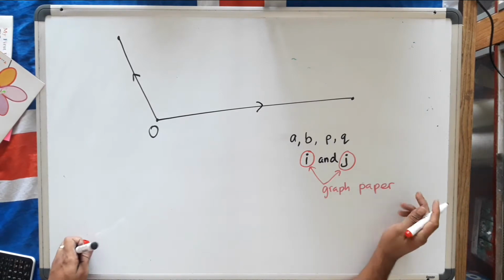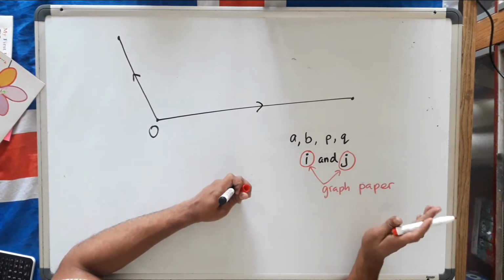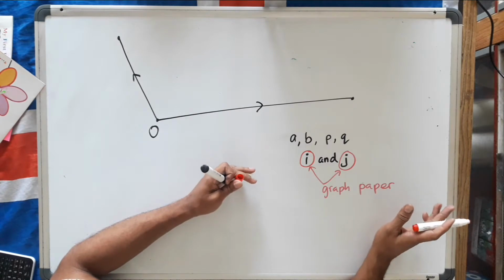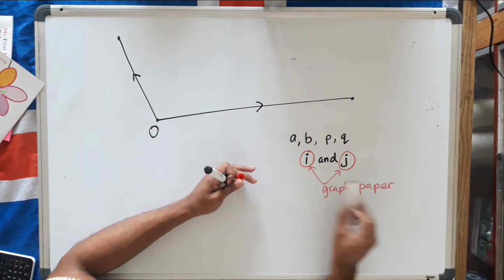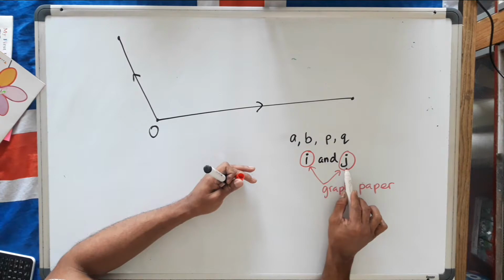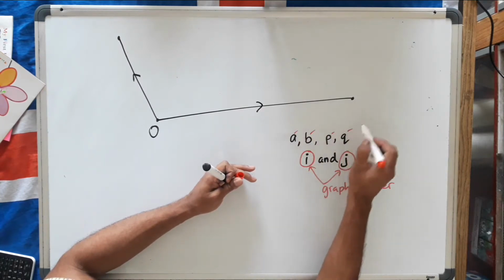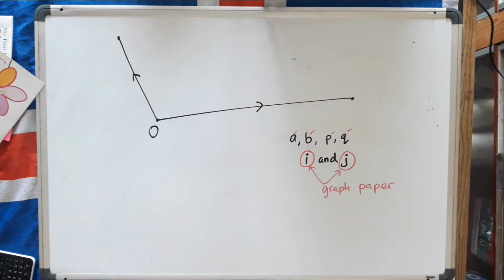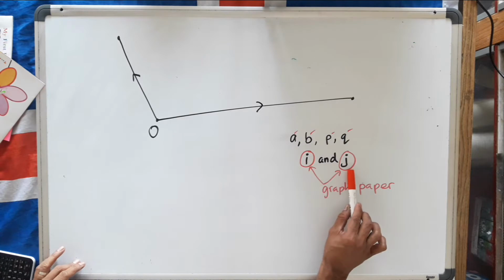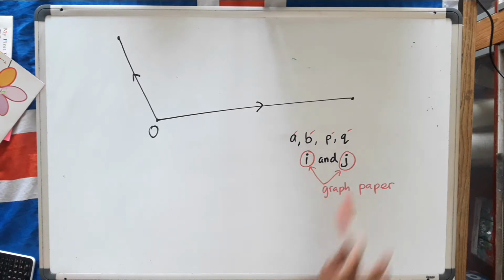You don't have to draw it on graph paper, you can answer the question without drawing it. But only I and J vectors you can draw on graph paper. A, B, or any other letters, do not draw on graph paper. Anytime a letter has I and J, I'm going to keep reminding you that these two letters are special and they get special treatment in vector land.